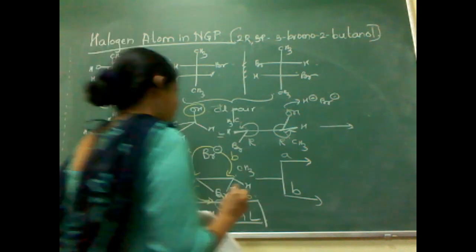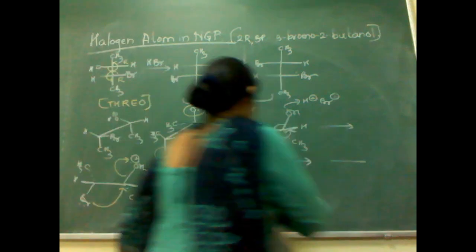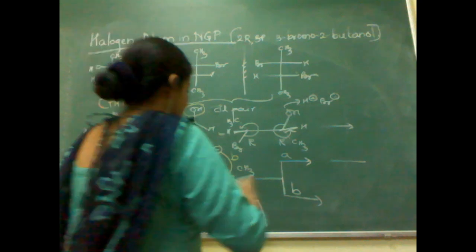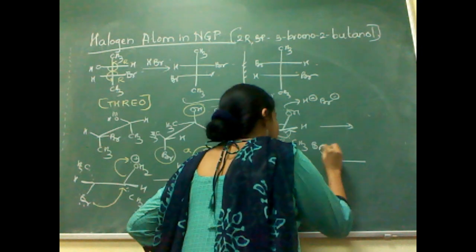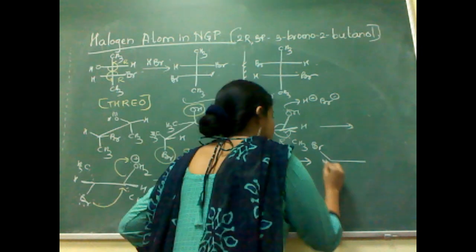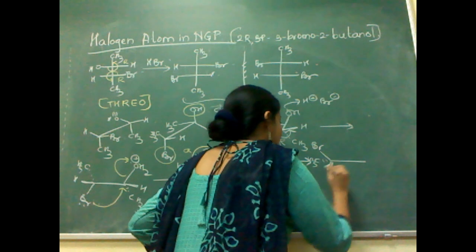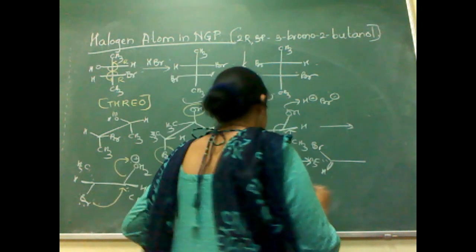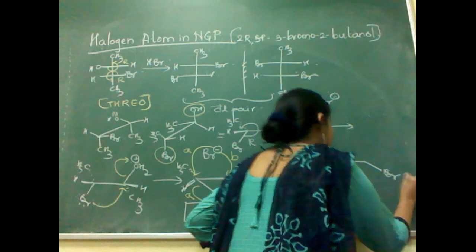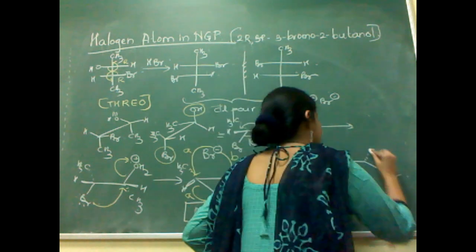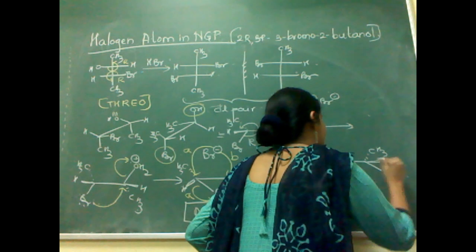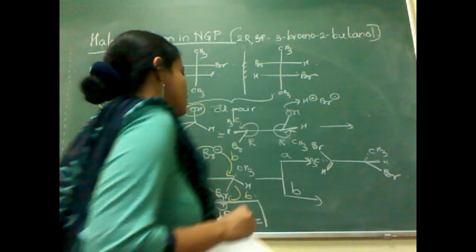So when you have this pathway A, what you find is the bromo group attacks over here. You have this methyl group, you have this hydrogen. Then you have the bromo group, then the methyl group and the hydrogen. So this is it.